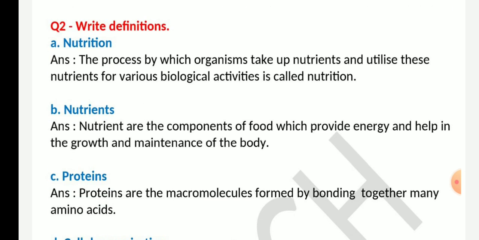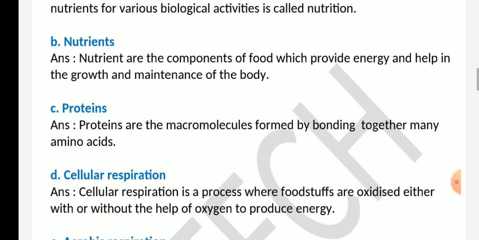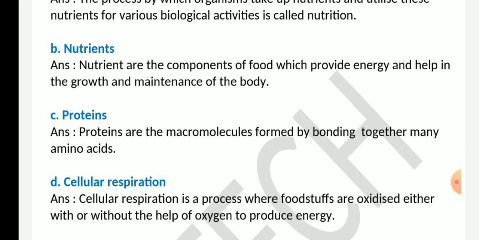Question number 2, definitions. The first one, nutrition. The process by which organisms take up nutrients and utilize these nutrients for various biological activities is called nutrition. Okay? Second, nutrients. Nutrients are the components of food which provide energy and help in the growth and maintenance of the body.